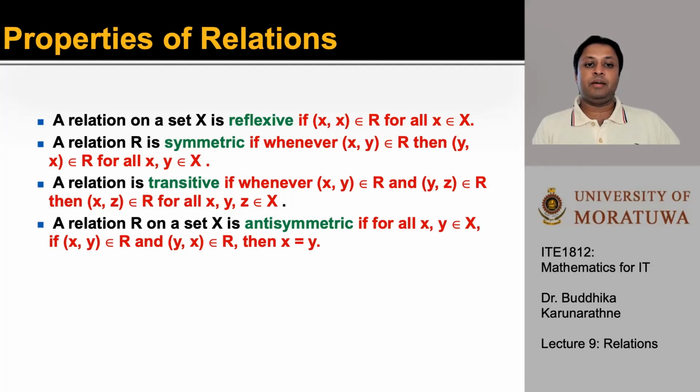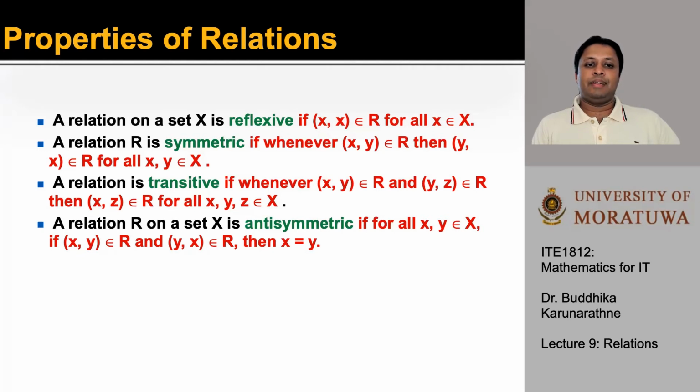So that's number 2. And number 3 is the transitive property: whenever (x, y) is in the relation R and (y, z) is in the relation R, then (x, z) is also in R for all x, y, and z in X. So that is transitive.